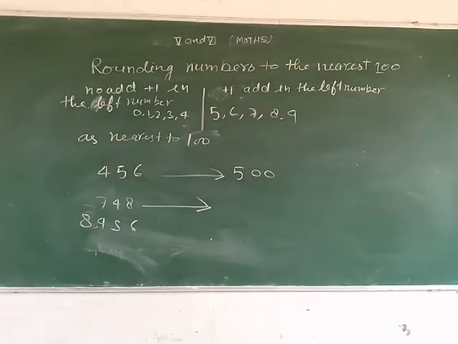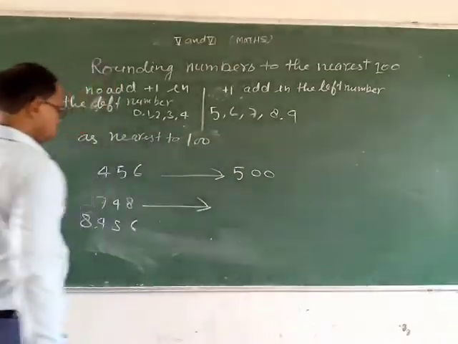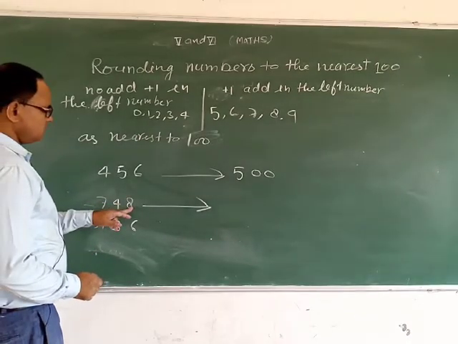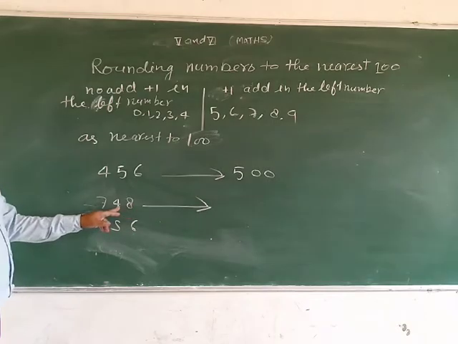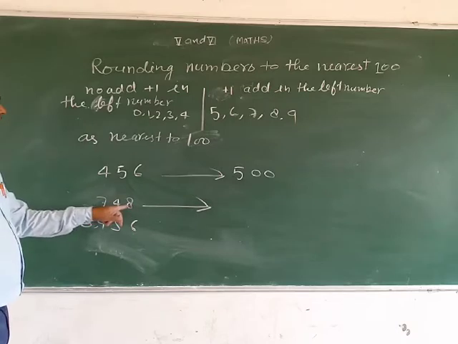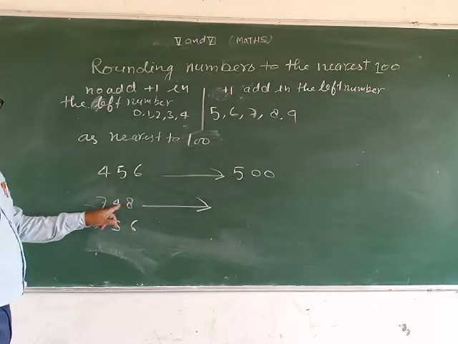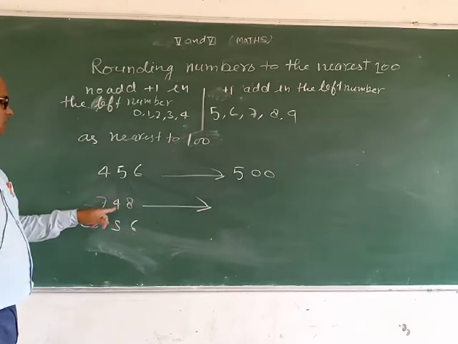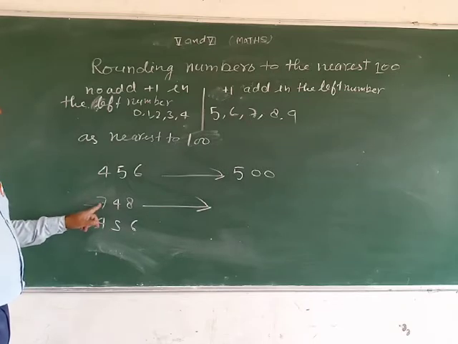Okay, student, according to this rule. Here 7, 4, 8, 8 terminate, give 4, 8 terminate and 8 give its +1. Add +1 to 4, make 5, and 5 terminate from here and give its +1.